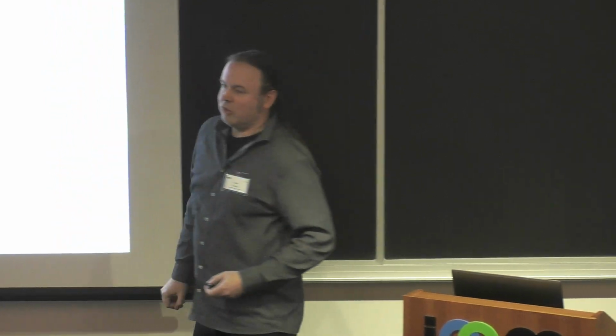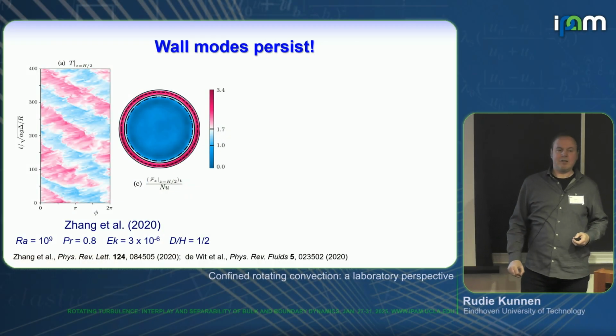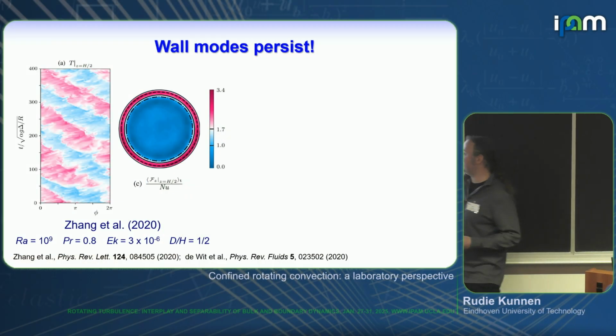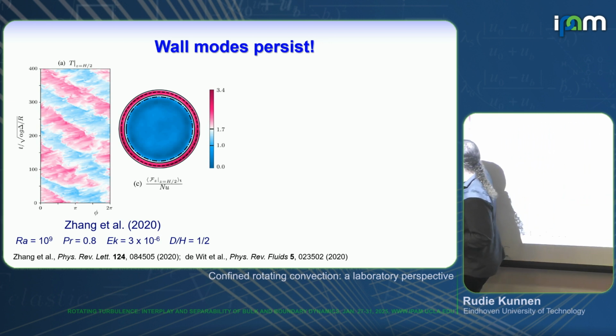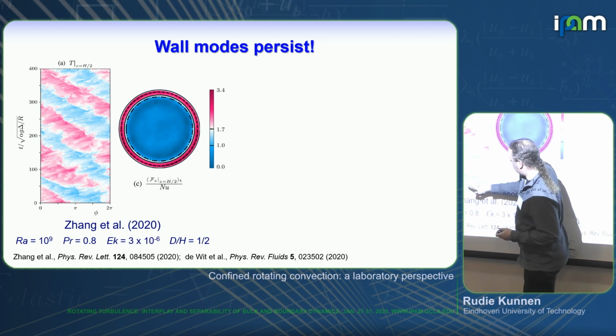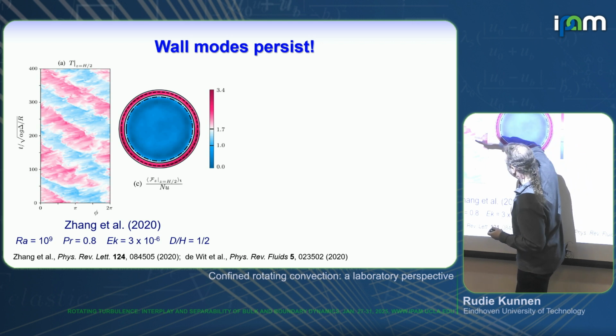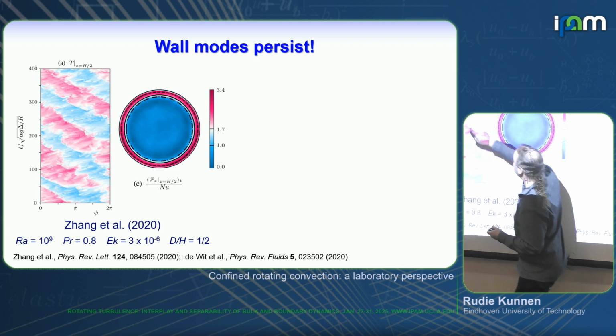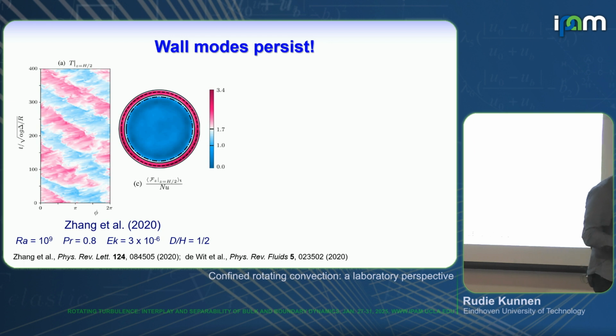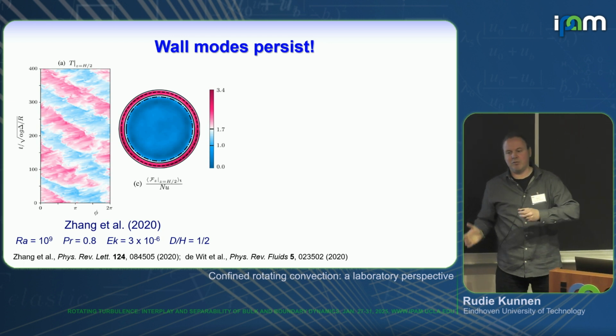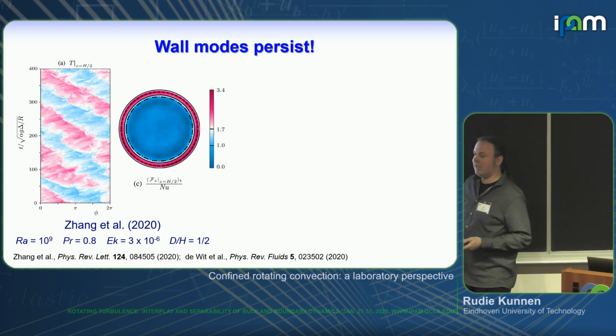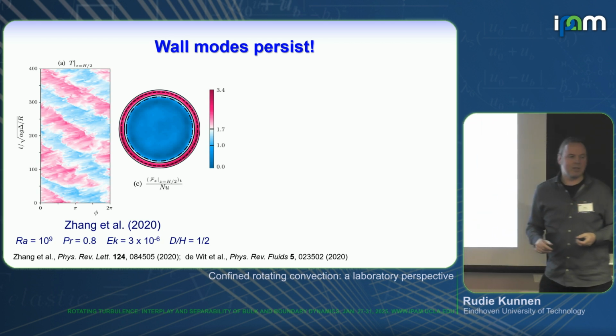So wall modes persist. Also in the Göttingen simulations, we have already seen images like this, where they plot the temperature as a function of azimuthal angle and time, showing that there's a warm half and a cold half, and the thing is nicely rotating against the direction of rotation.